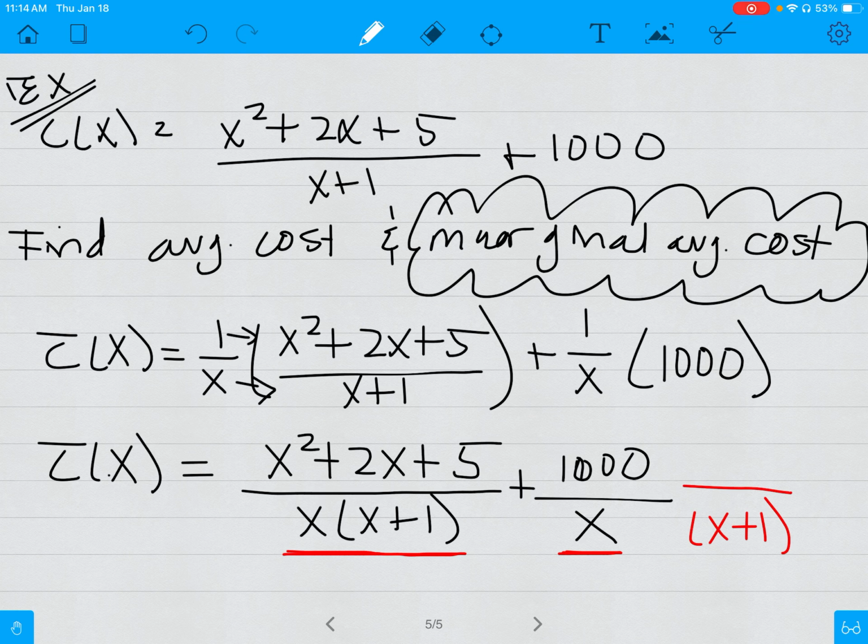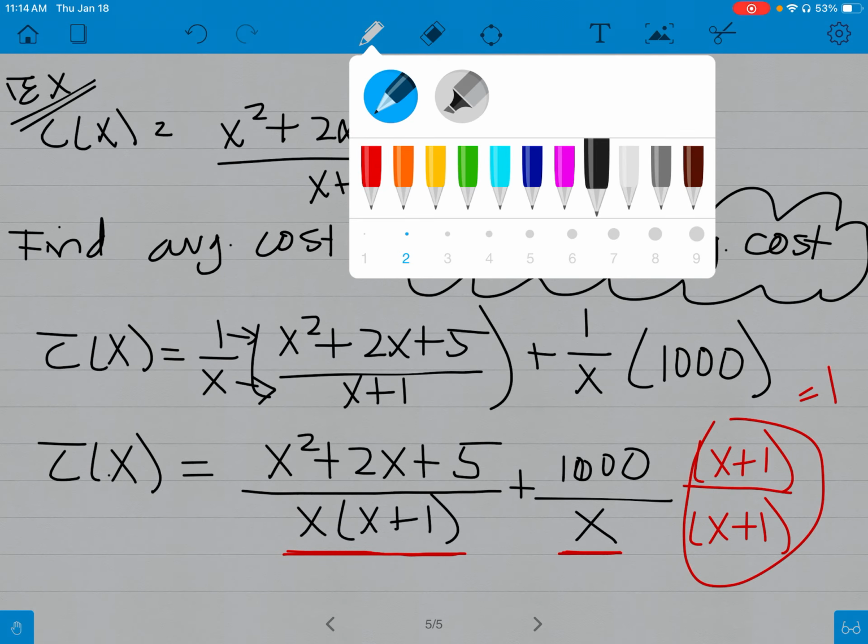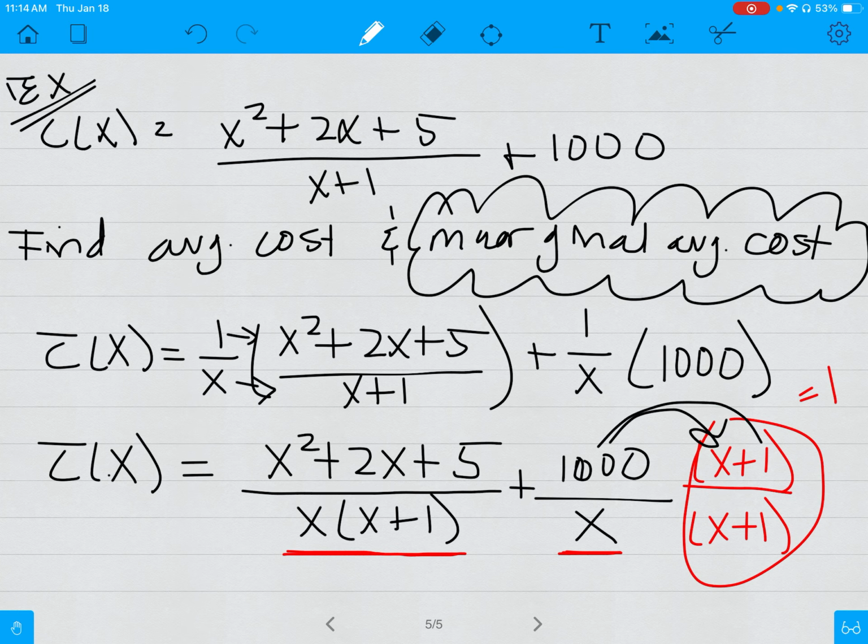But in order to avoid changing that fraction, if I multiply by an x plus 1 in the denominator, I have to multiply by an x plus 1 in the numerator. So now I'm really multiplying by what amounts to just a fancy looking 1, right? This whole thing right here, that's equal to a 1. So I'm allowed to multiply by it without changing the value of that fraction, but then it's going to enable me to add these two things together. All right, so when we distribute the 1,000 here, we'll end up with 1,000x plus 1,000.